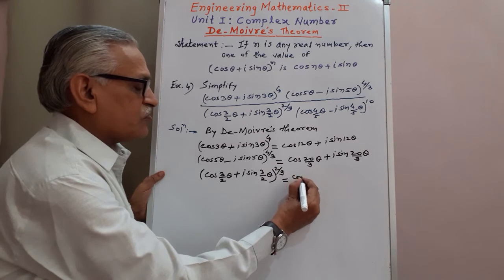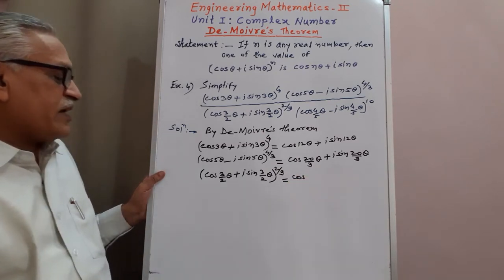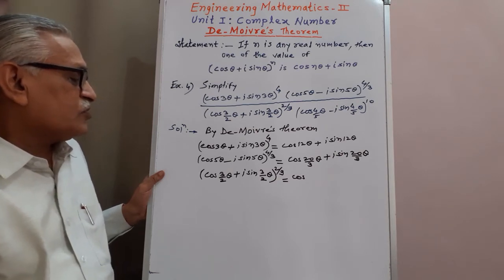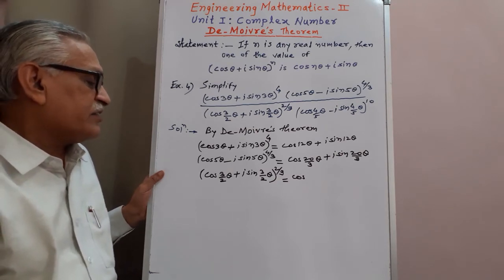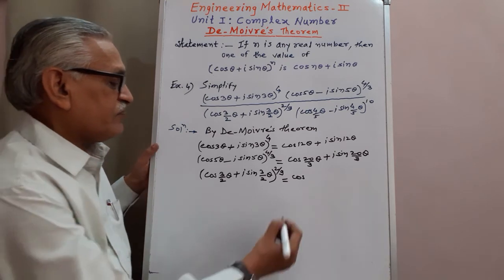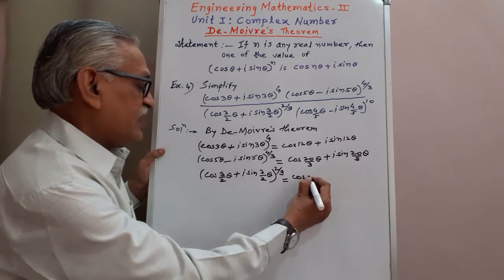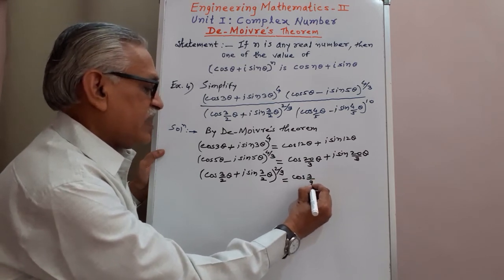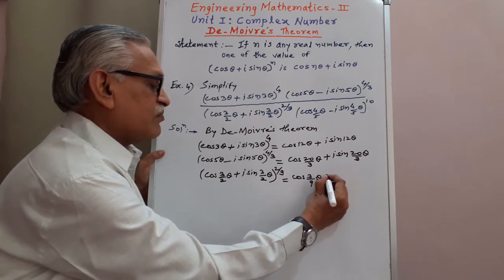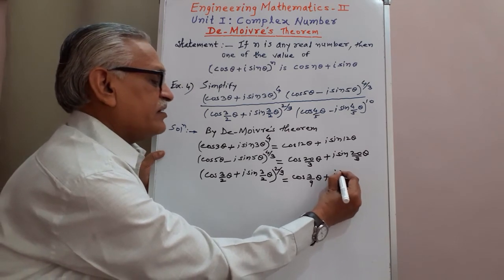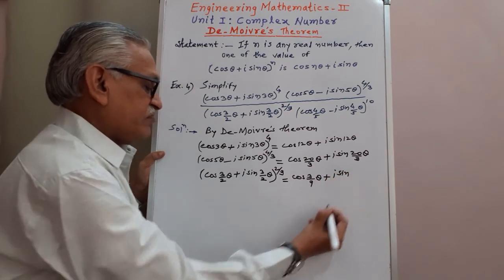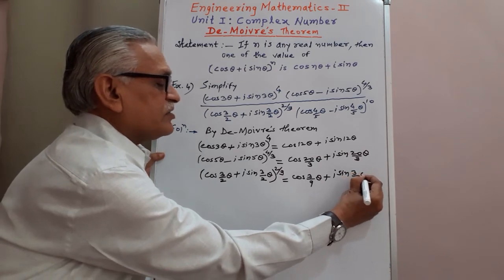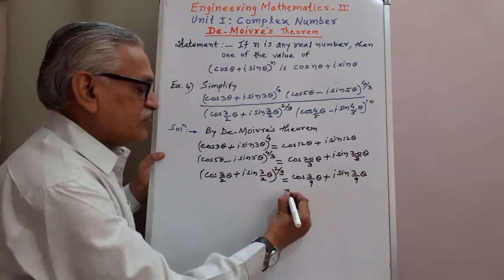Therefore, it becomes cos of 2/9 times 3/2. The 2 gets cancelled, so it is 3/9, which becomes cos of 3/9 θ + i sin of 3/9 θ.